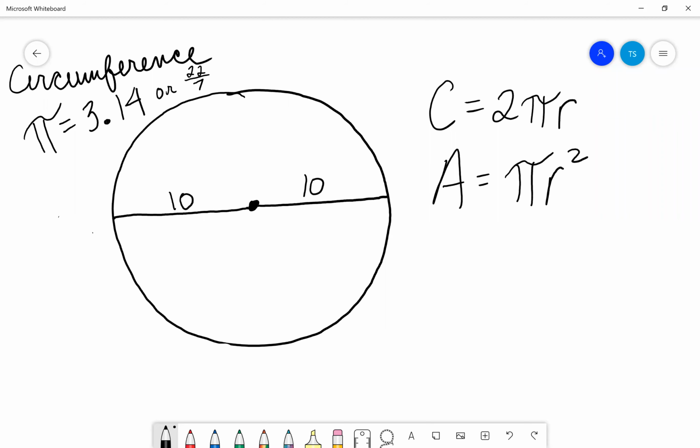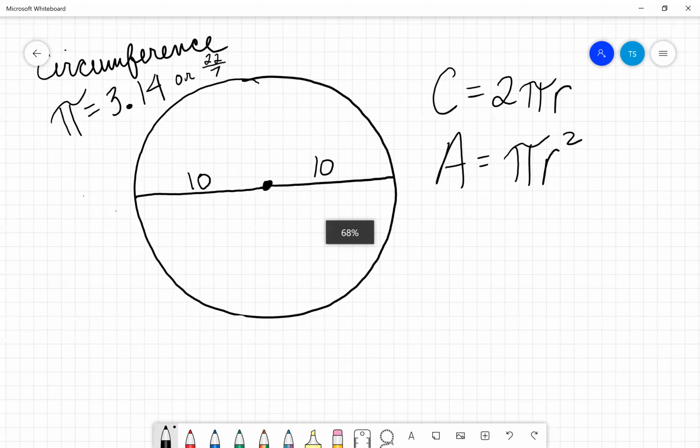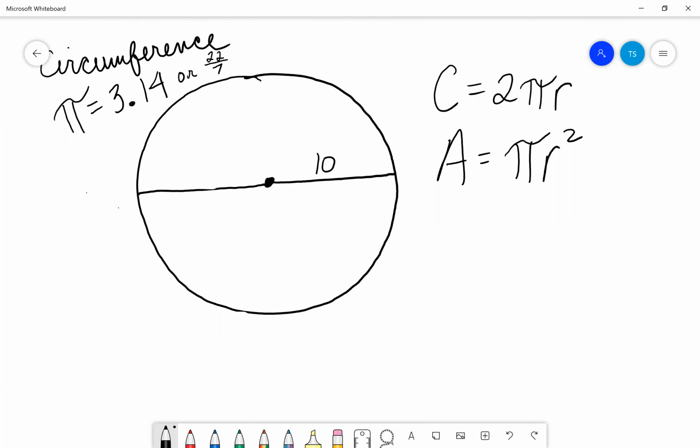Let's try to find these, using easier numbers than 10. Let's do 3. So my diameter is going to be 6 and my radius is 3. To find the circumference, I'm going to do 2 times 3.14, which is my pi, times my radius, which is 3.